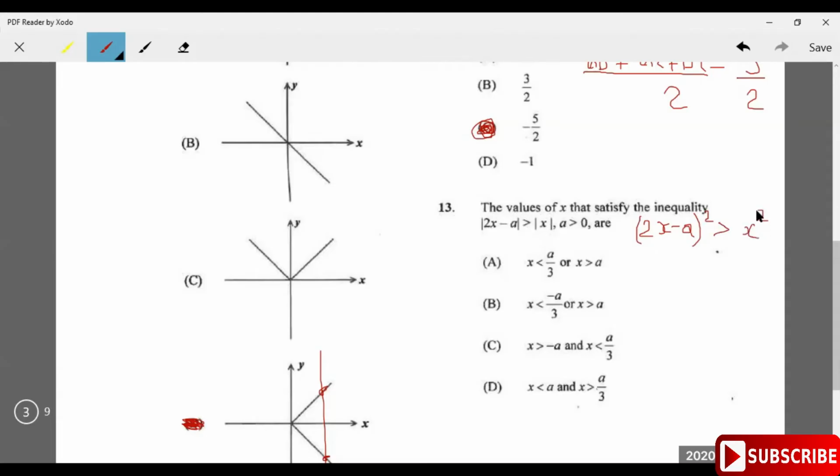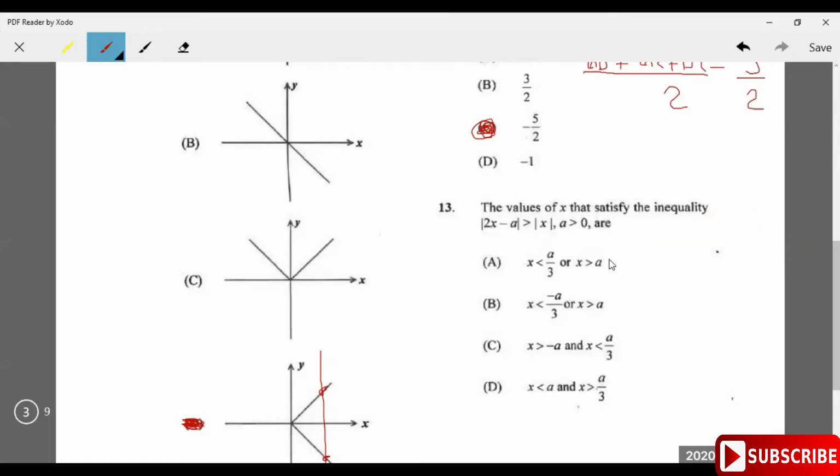And so what we have now, when we square both sides, is 4x squared minus 4xa plus a squared, and that's greater than x squared.